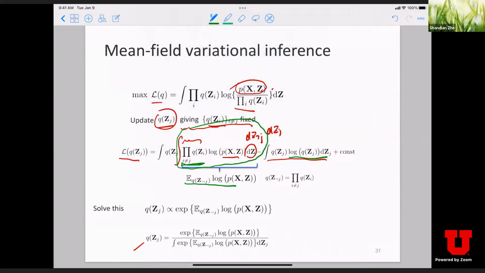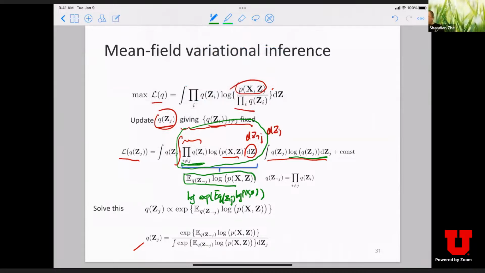This equals the exponential of this E_{Q(Z not j)} log p(X, Z), and then I take the logarithm. I take exponential, I take logarithm, it's the same.